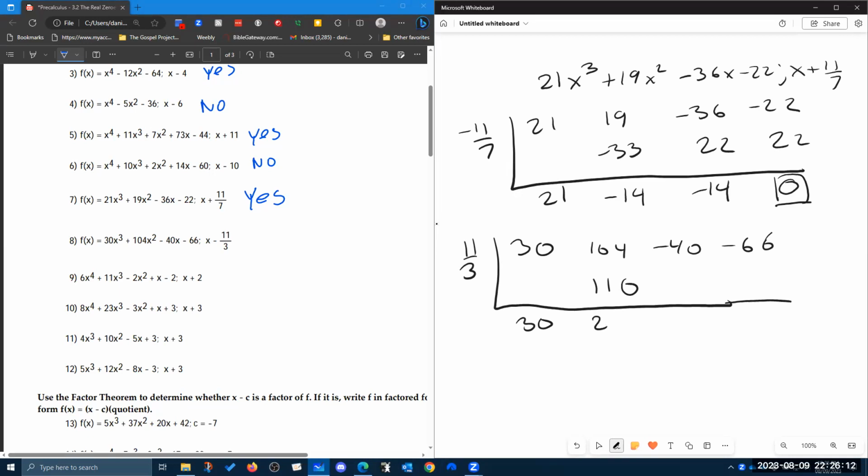This is 214. This is already not going to go in evenly, if I wrote everything down correctly, and I did. So we're going to get a fraction here, and then we're going to keep getting fractions of fractions, and there's no way that it's going to come out to be 0 over here.